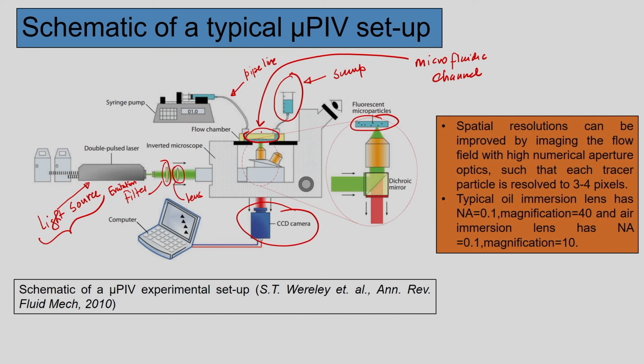Since our objective is to characterize the microflow, and the confinement of the microfluidic device is very small, of the order of microns, and we are focusing on a particular volume, it is advisable that the light used to illuminate the microfluidic device should focus only on the zone of interest.